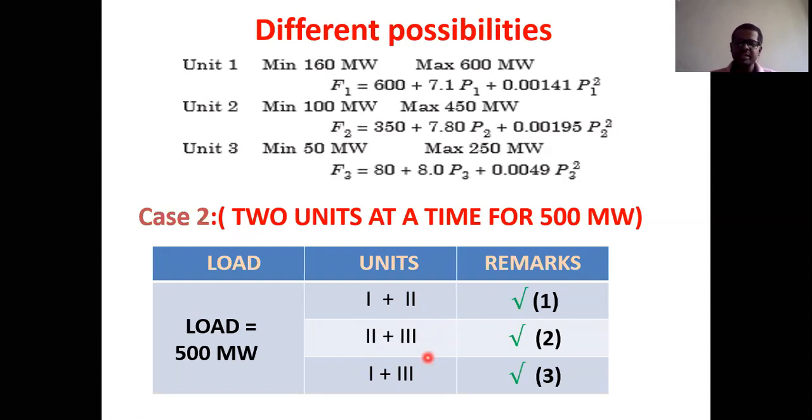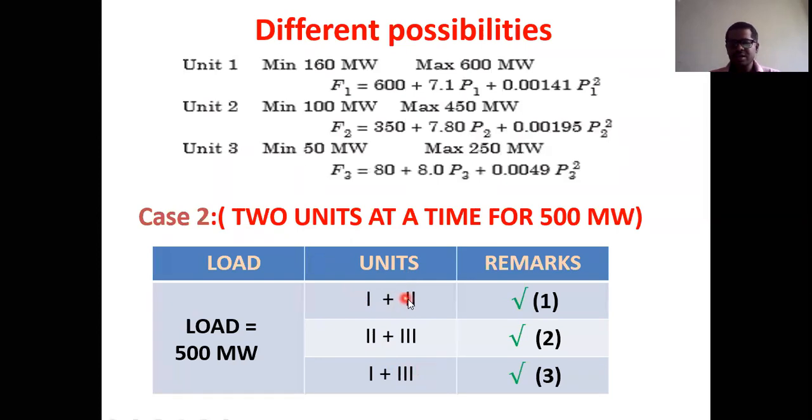Similarly, with the first case 0 0, you can put both generators in shutdown mode, but you cannot meet your load, so I am not considering it. When taking 2 at a time, the possible combinations are the first and second generator, the second and third generator, and the first and third generator. These are the different possible combinations when taking 2 units at a time.